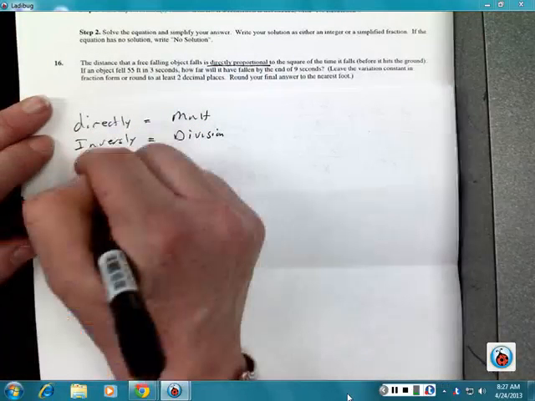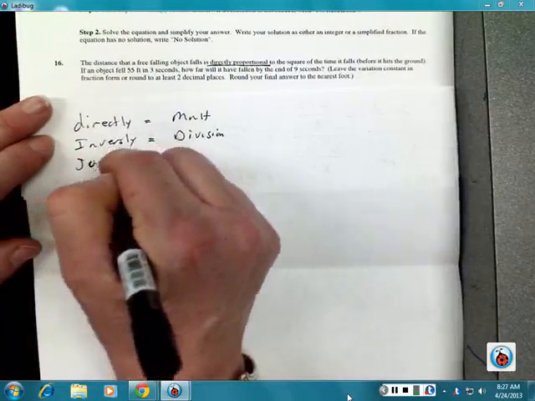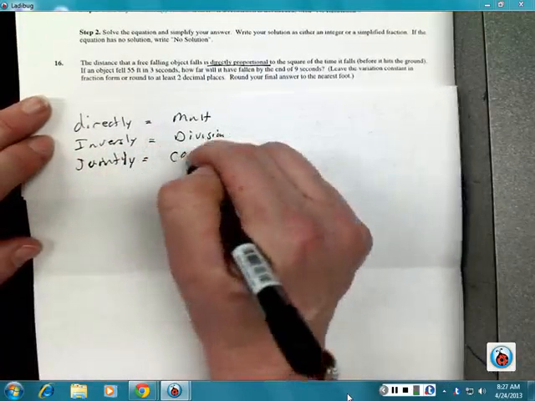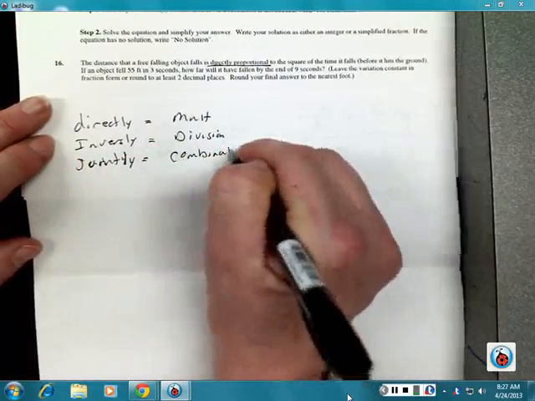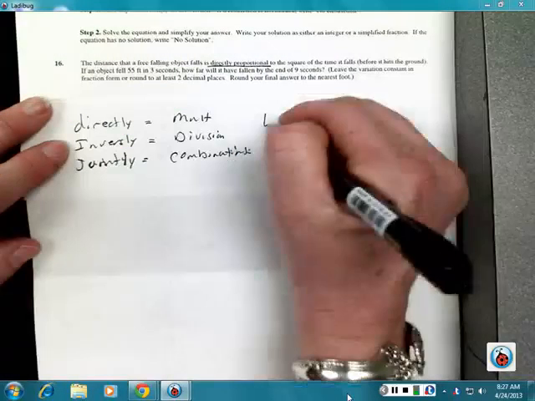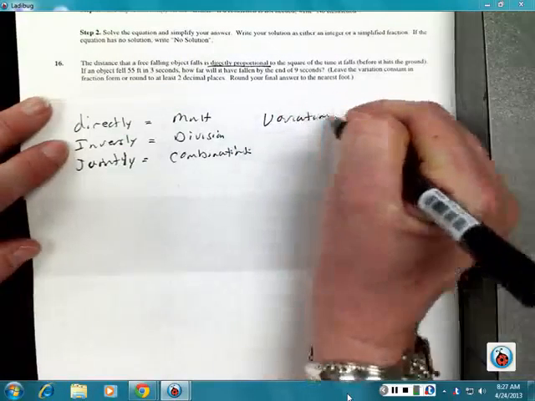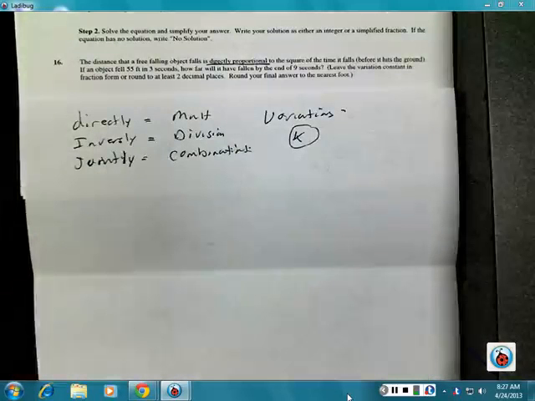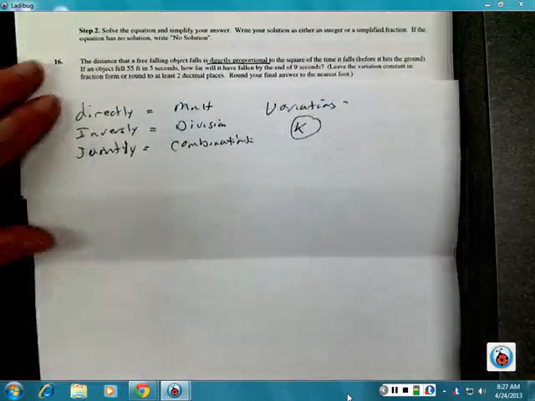And we also had jointly, and jointly was a combination. And because these are variations, we have good old K. Remember we had K in some of these that we used to set up our equation? There is one on your exam that has one of these variations in it. So let's see what we can do to set this thing up.